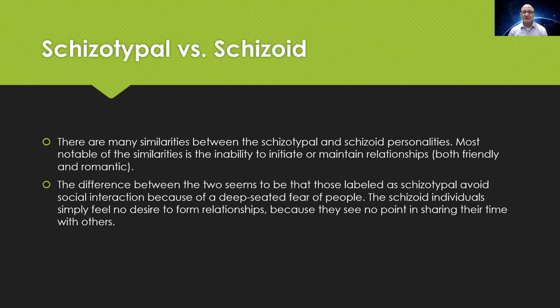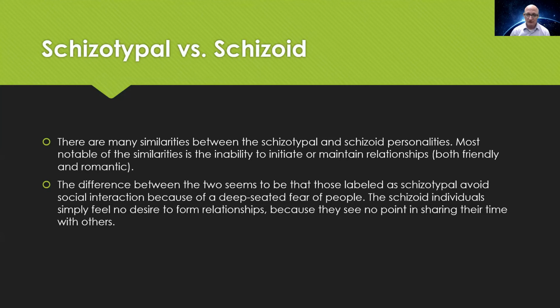Now, it's not schizoid personality disorder, and the reason I'm doing this lecture is because I'm unclear on the differences, but most notably is the inability to initiate or maintain relationships. That's the most notable similarity, friendly and romantic relationships.